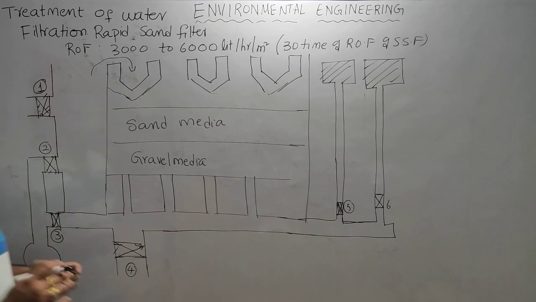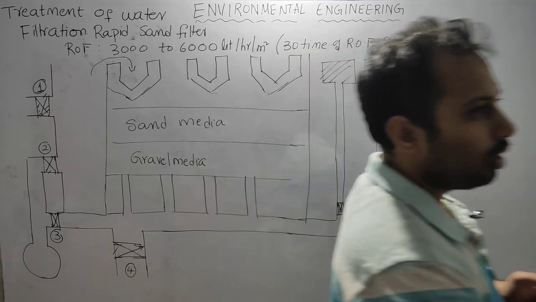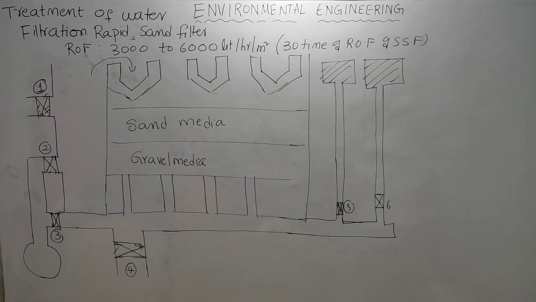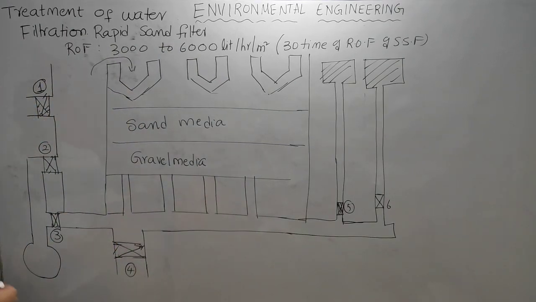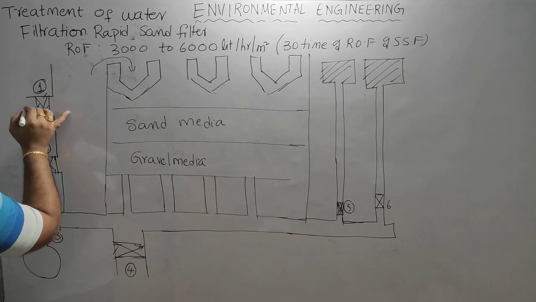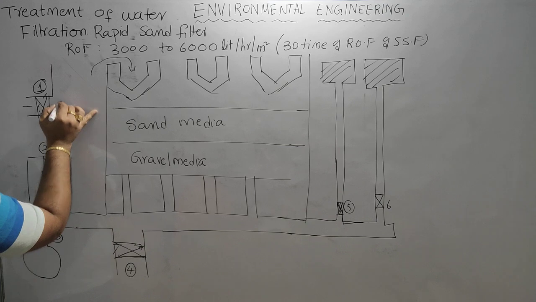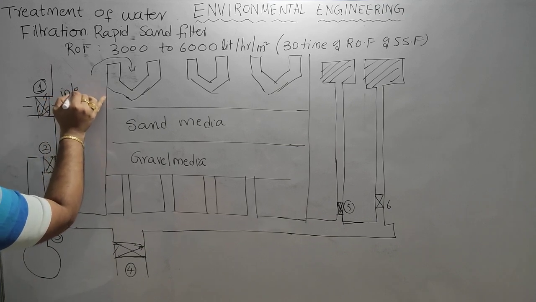Each valve will be used for different purposes. So let us see what is the purposes of each and every valve. During the filtration process, the water is allowed from here, valve 1. So this is inlet.